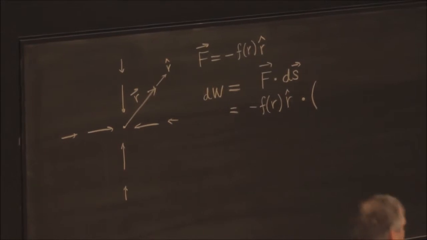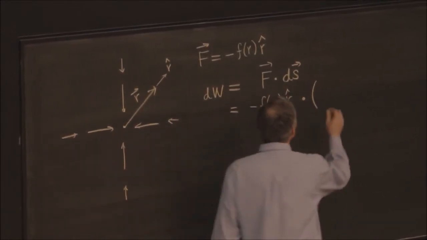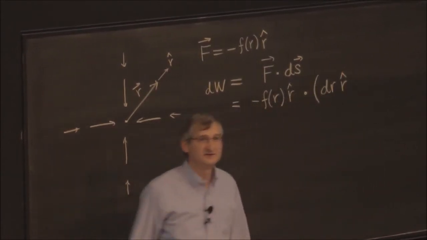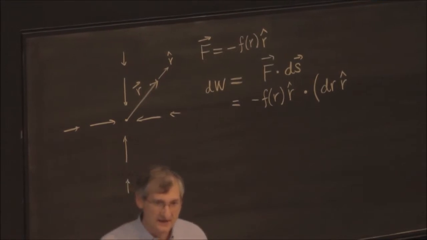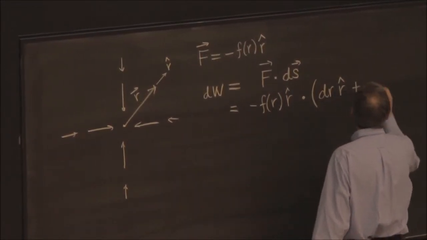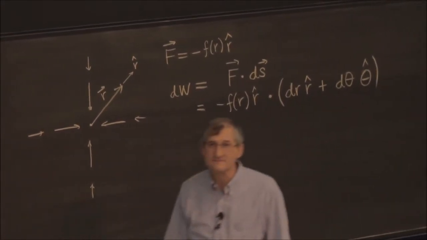Delicious, lovely, gorgeous polar coordinates. I could take a little step in the r hat direction. That part is straight ahead. But what's wrong? I'm going to make a silly assertion. What's wrong with that?